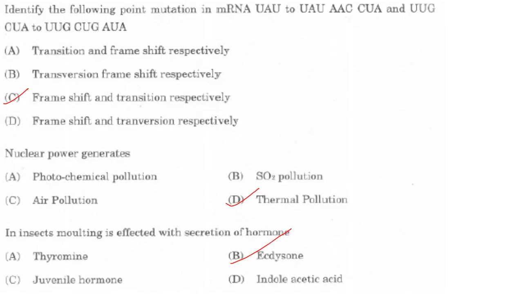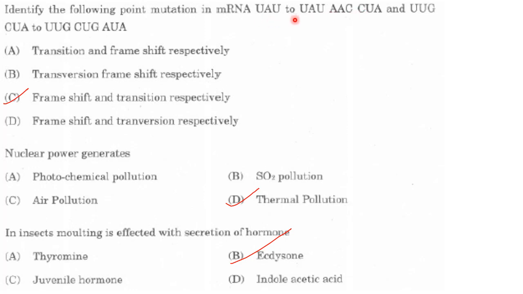Then identify the point mutation in mRNA UAU to UAU AAC CUA. Now UAU is getting changed to or mutated to UAU AAC CUA. So now a frame shift mutation is one where addition or deletion in DNA of one or more bases, thus changing the boundaries of the codon and altering the whole string of amino acids subsequent to the insertion or deletion.